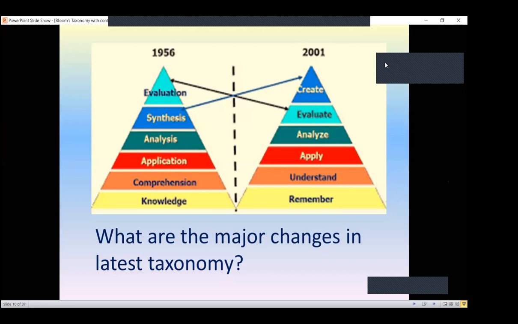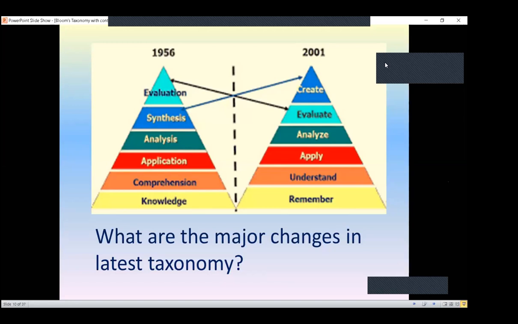Because whenever we are saying that a student is learning, he is doing something. That's a process. So we cannot say that knowledge is a process. Knowledge is a part of processing information, and when we process the information, the outcome of that information process is knowledge.